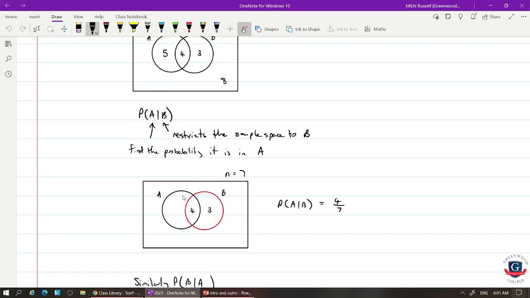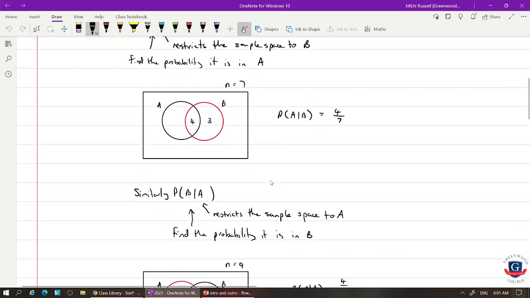And we're going to find the probability that this part here, the bit that's still in A, is selected. So out of the whole 7, what's the probability of picking the A bit, which is 4. So logically that's 4 out of 7.